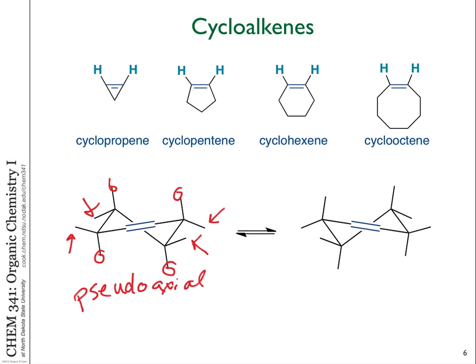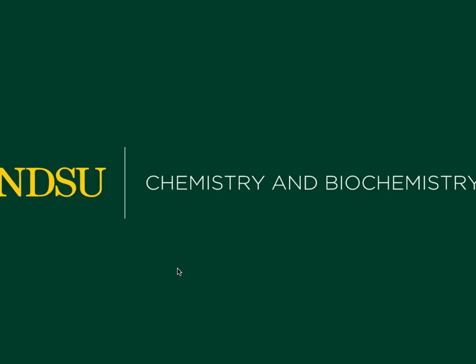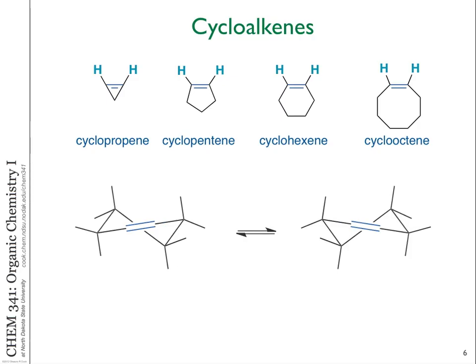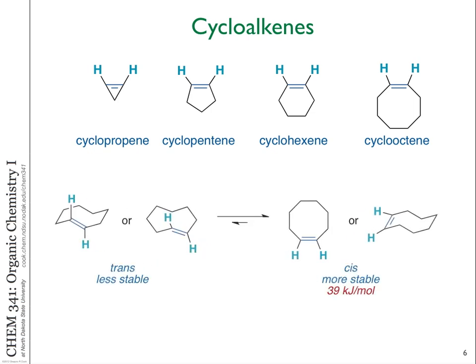Because of the ring, the double bond has to be the cis geometry until you get to an 8-membered ring. That's actually the smallest ring where it's possible to have a trans double bond, although it's still higher in energy. If you look at a cyclooctene, what I've shown here is cyclooctene.